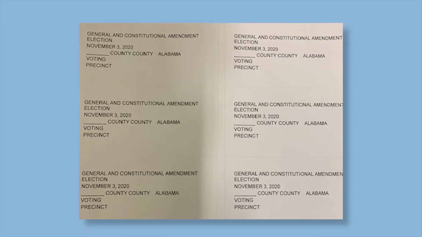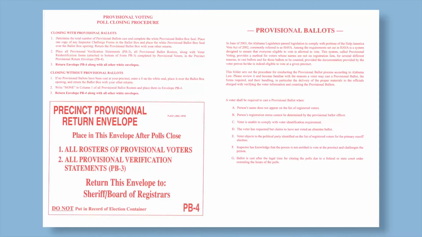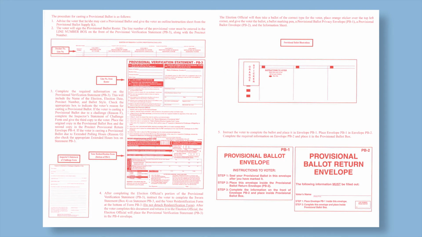Please place a label on your provisional box as well to identify that box has come from your location, which will make it easier to identify for the sheriff's office when they pull those out for the provisional count 7 days after the election. Also, if you're the inspector or the provisional officer, please open the provisional booklet and refresh your memory, read over those instructions, and have your supplies laid out in case someone does come in to vote provisional. That will make the process much easier.